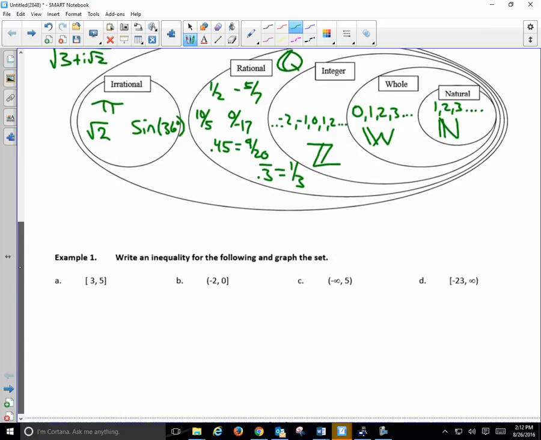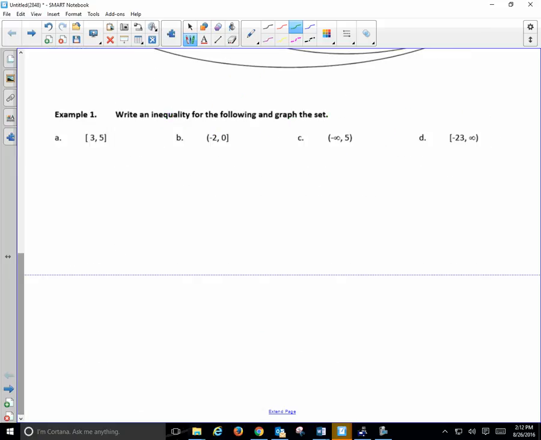Okay. Let's practice the first type of questions that you'll see on your test. It says, write an inequality for the following and graph the set. So I want to take 3, 5 and write it as an inequality and graph it. I usually think that providing the graph is the easiest thing to start off with. I will plot 3 and 5. Do I have an open circle or a closed circle on the 3? How about the 5?